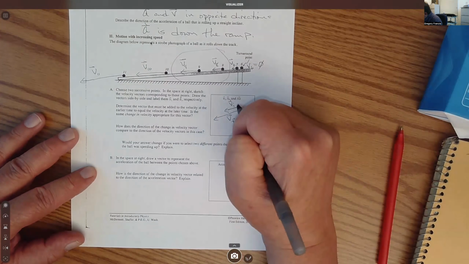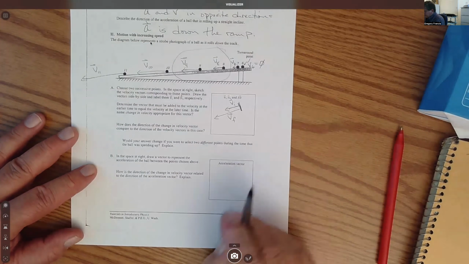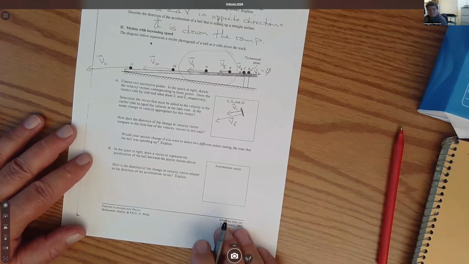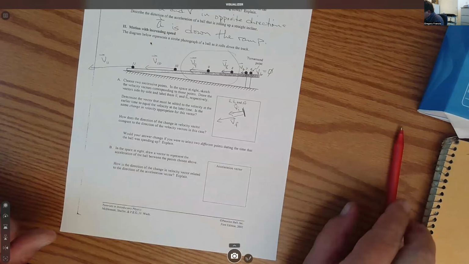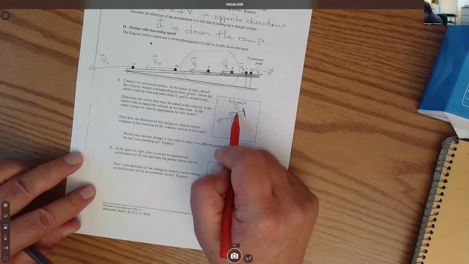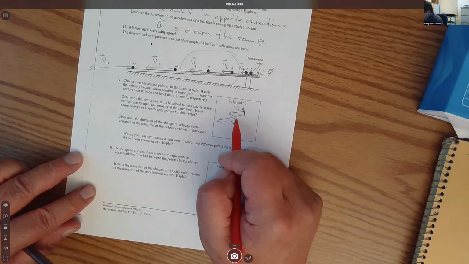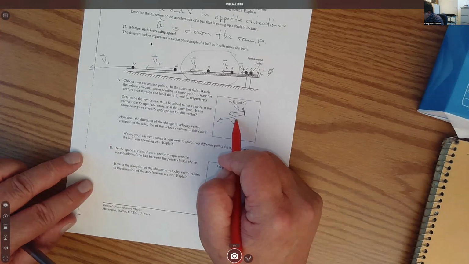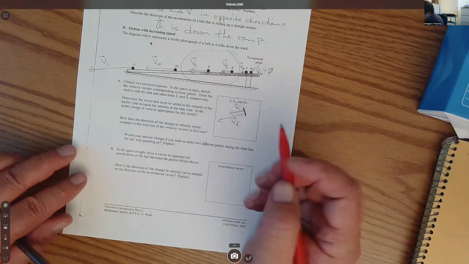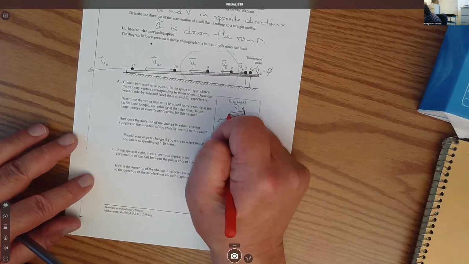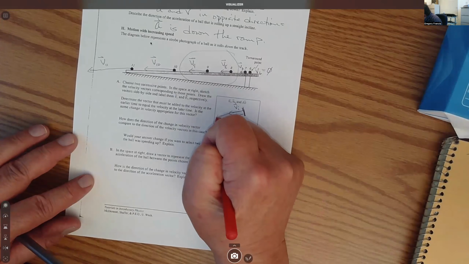And again, I put them tail to tail because I'm looking for the change vector. Well, now the change is what I have to add to a short vector down the ramp to turn it into a long vector down the ramp. Well, to make a vector longer, I need to add something in the same direction.